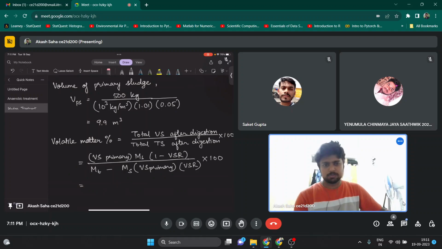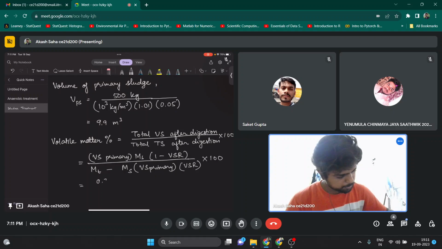So the volatile solids in the primary was 0.8, then it is 500 minus 500 into 1 minus 0.6, divided by 500 minus 500 into 0.8 by 0.6, into 100.